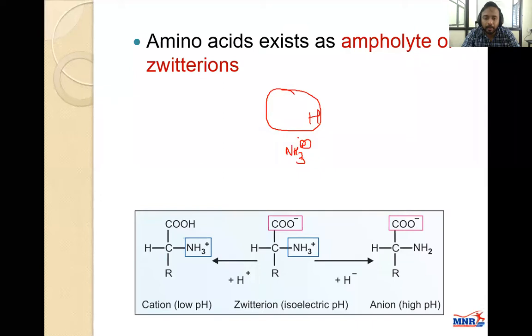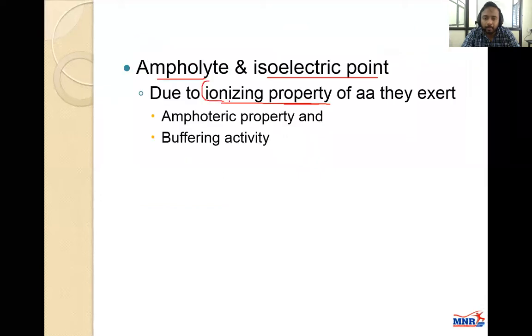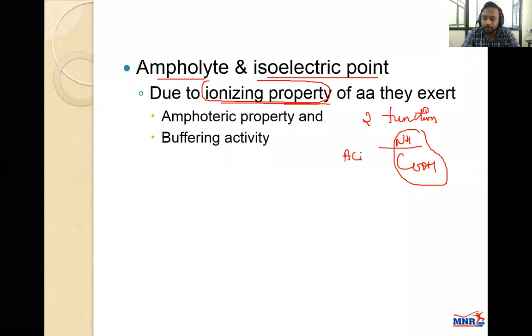So the amino acids have an ionizing property because of the two functional groups which are present on them, that is the amino group and the carboxy group. Because of this, additionally they act as an acid and also they can act as a base. Yes, acid means like for example, COO can donate the H plus ion, so it becomes an acid.